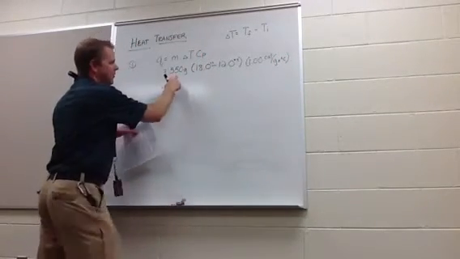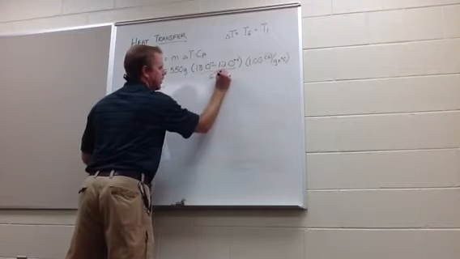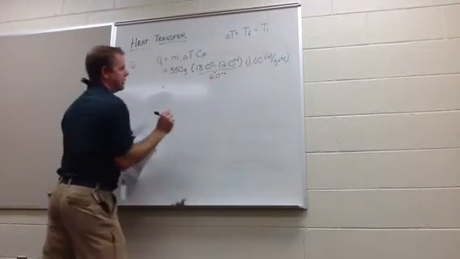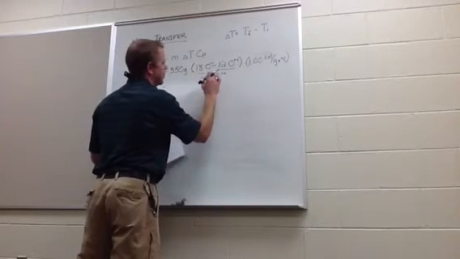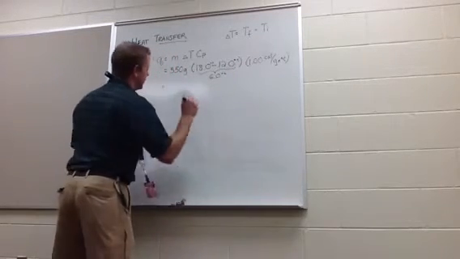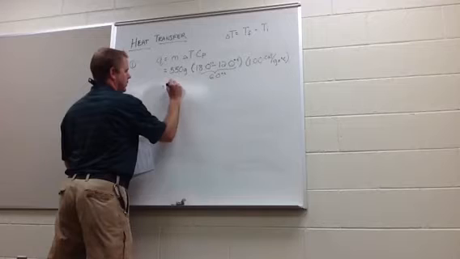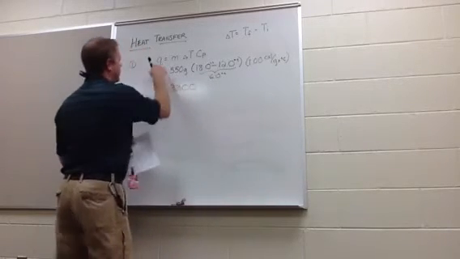So, significant figures. When you do this, you're going to get 6.0 degrees Celsius, which is 2 significant figures, and 1.00, which is 3 significant figures. Therefore, your answer can only have 2 significant figures. When you do the math on this, you get 3,300. Now, this is Q, right?